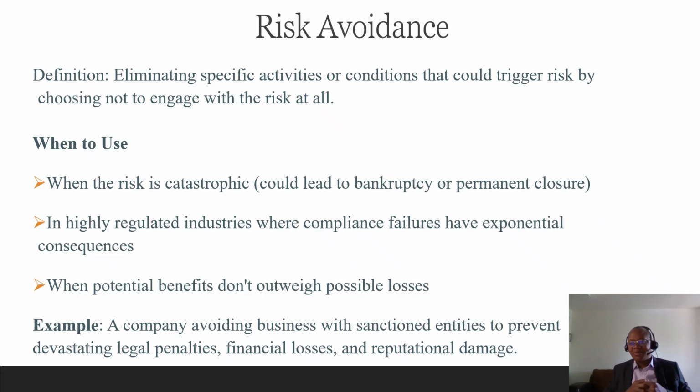Here is a typical example. A company avoiding business with sanctioned entities to prevent devastating legal penalties, financial losses, and reputational damage. You know, today the world is interconnected. To do business means you are not in your silo, you are engaging with other people and other organizations.